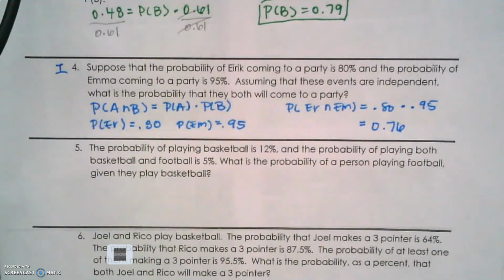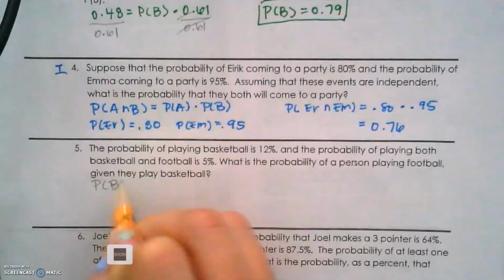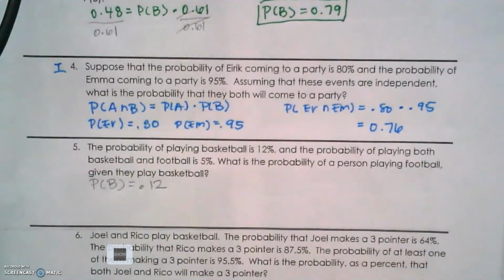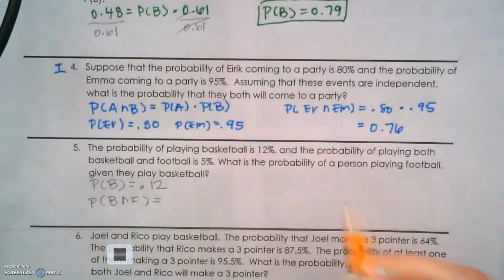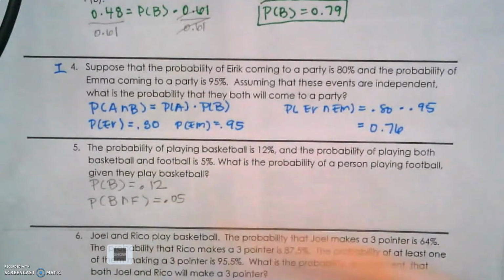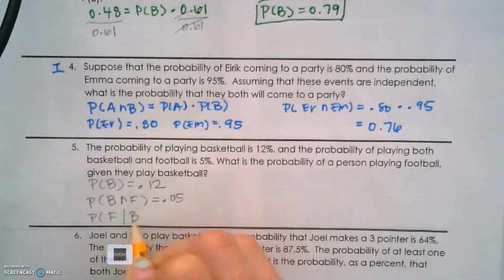The probability of playing basketball is 12%, and the probability of playing both basketball and football is 5%. What is the probability of a person playing football given they play basketball? So let's write down some of the things that we have here so we can identify better. We have the probability of basketball is 12%, and the probability of playing both basketball and football is 5%. What is the probability of playing football given basketball?